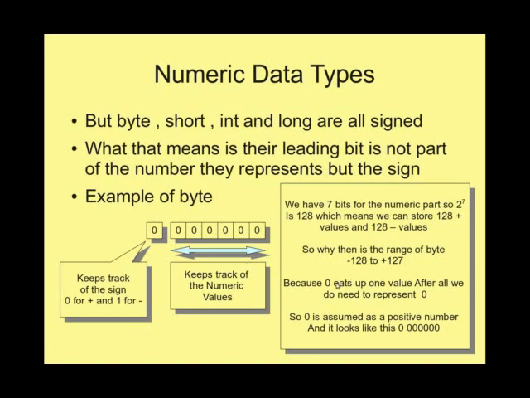Well, that's because 0 eats up one value, because after all we also need a binary representation of storing 0, and 0 is stored as a positive number, so that's why we have 1 less on the positive side. So 0 is stored like this, 0 and then 7 zeros following it. So this represents a 0, and this then represents the other numbers.